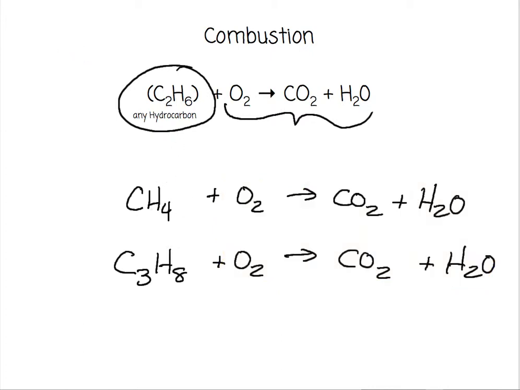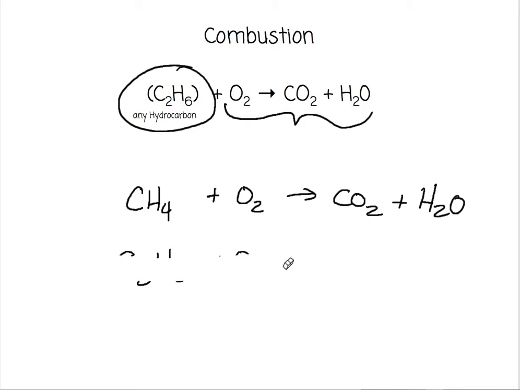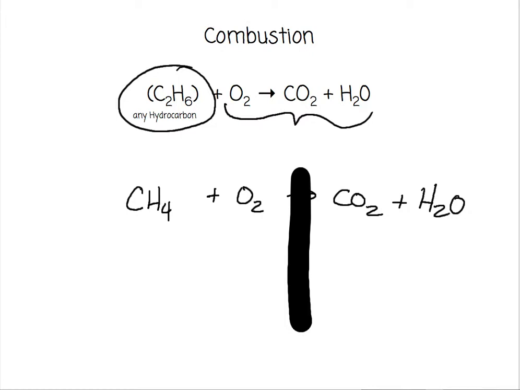Let's balance this one just for fun, because we haven't balanced the previous examples and you need some practice. So if we take a combustion reaction and we balance it, we've got one carbon here. Oh, let's draw the line. Okay, draw the line.